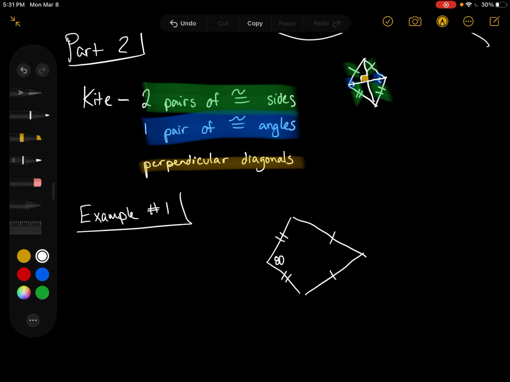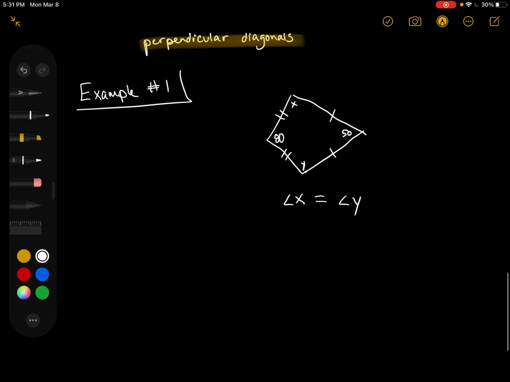And maybe we're given something like 80 and 50 for these angles. And what they want us to do is solve for angle X and for angle Y. Now we know, first things first, that they have one pair of congruent angles, so angle X equals angle Y. We know that those two things have to be the same based off of the properties of a kite.